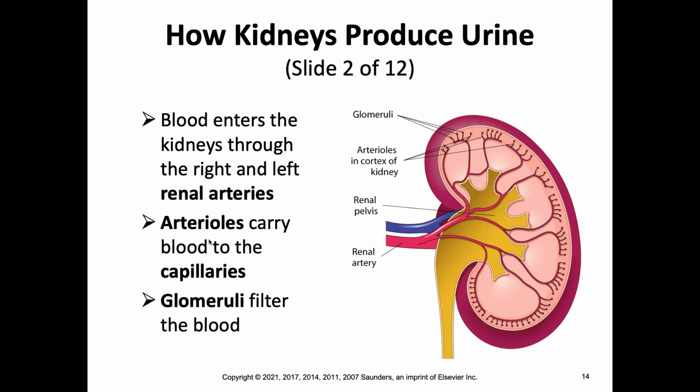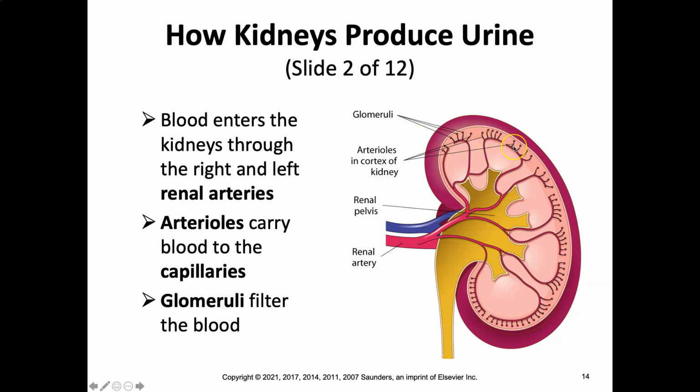Blood enters the kidneys through the left and right renal arteries. We saw that, okay? So here's your renal artery. They come in and they go through here, one of the branches. Then they go all the way out to the arterioles, to the capillaries. You can see here are examples of the arterioles, okay?